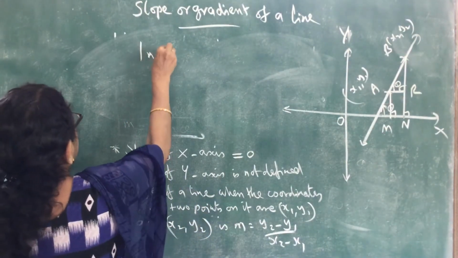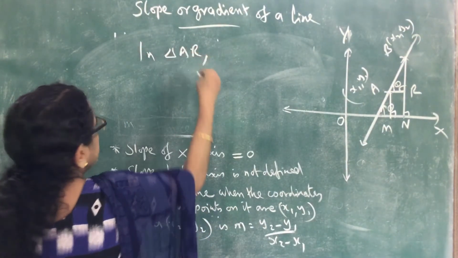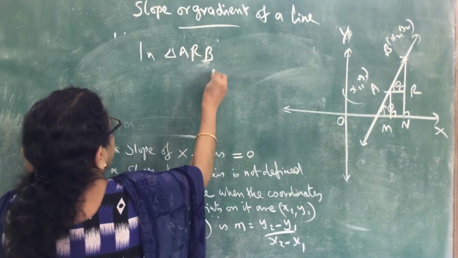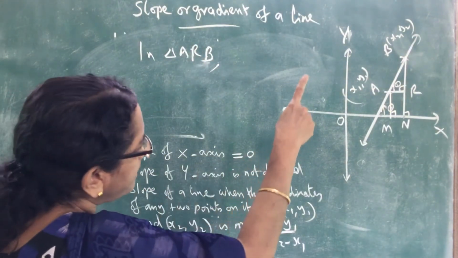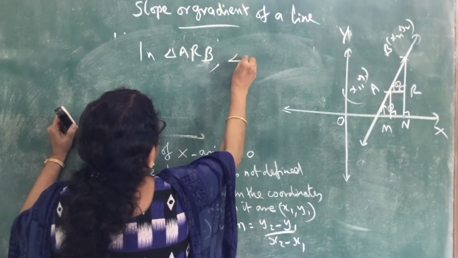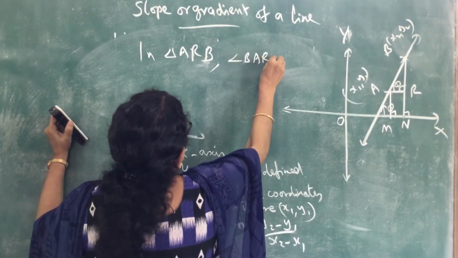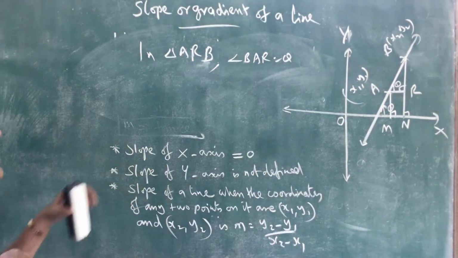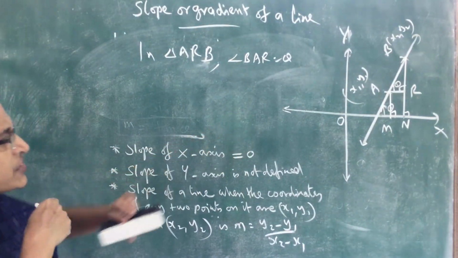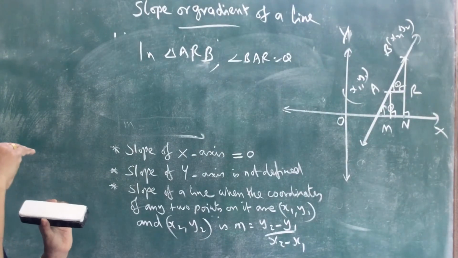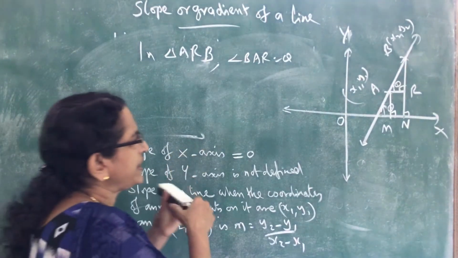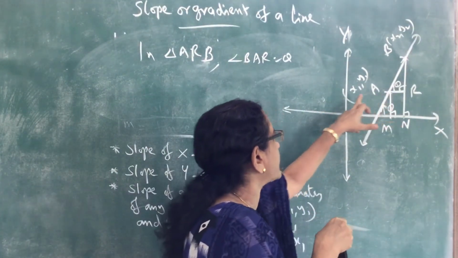Now consider the triangle ARB. In triangle ARB, angle BAR equals theta, which is the inclination of the line. So can you say what will be the length of AR and what will be the length of BR? We know the coordinates of A are x1 and y1.